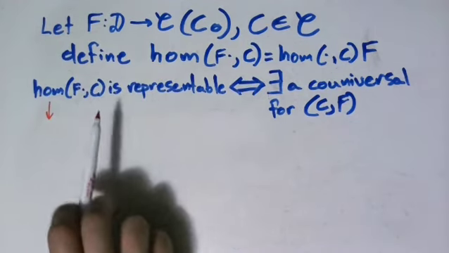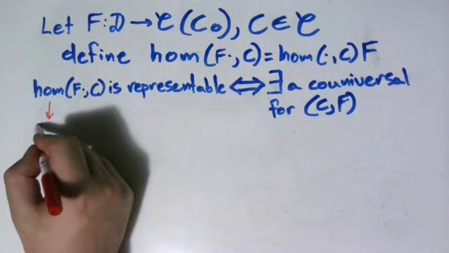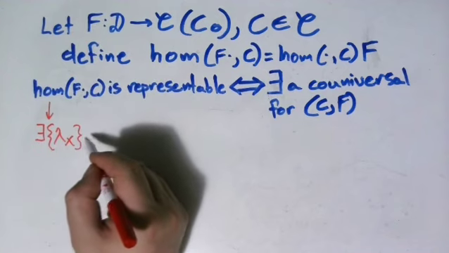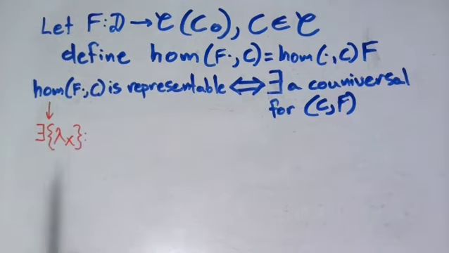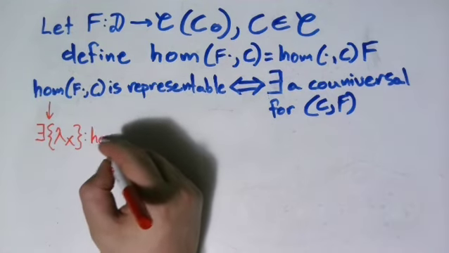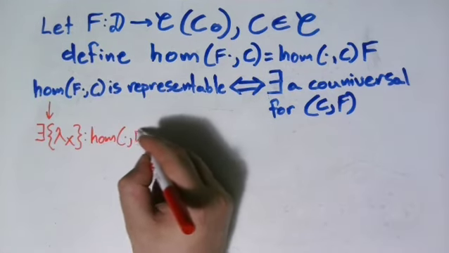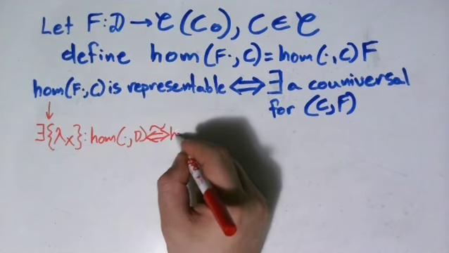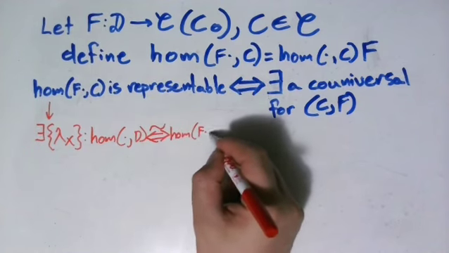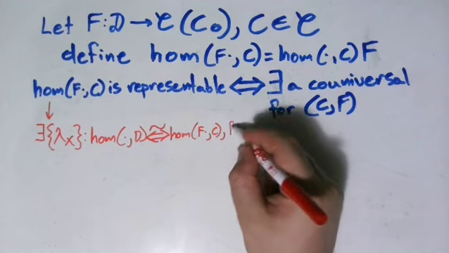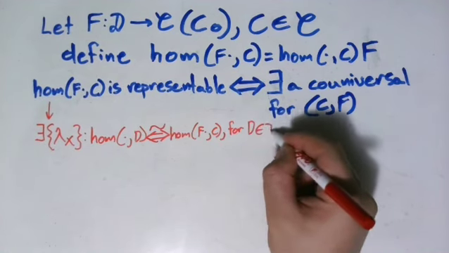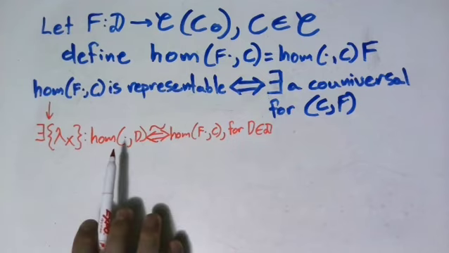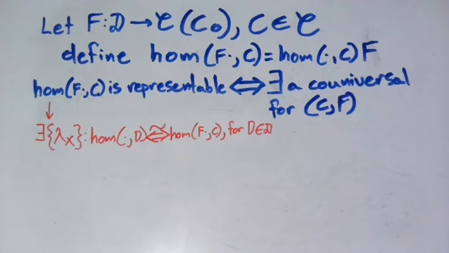So for home F blank C to be representable means that we must have some natural isomorphism lambda consisting of all the components of lambda X, and that goes from the contravariant home functor, home blank D, into our functor of interest, home F blank C, for some D in D. So there's an object D in D such that this natural isomorphism holds when it is the target object of this contravariant home functor.